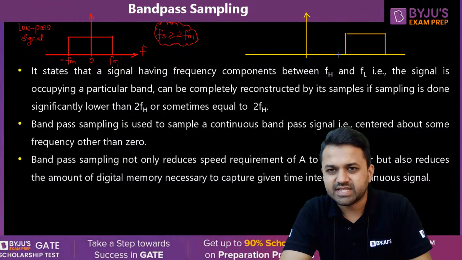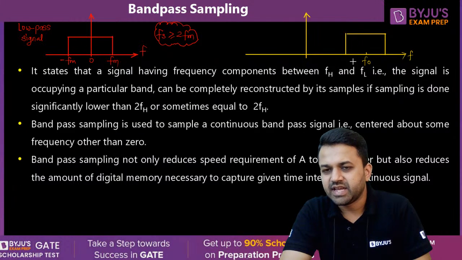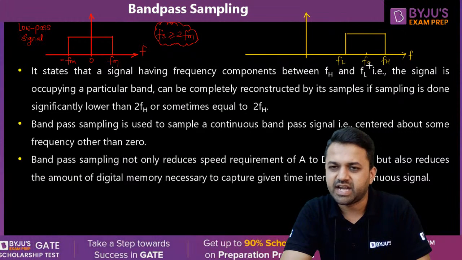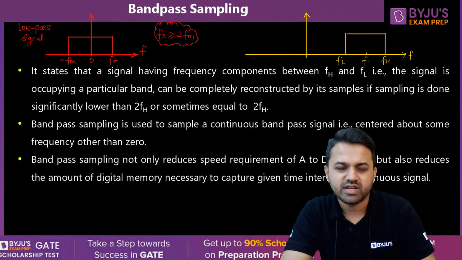Okay, when the signal is centered other than 0, like it is centered at some frequency f naught, then we will have some lowest frequency and some highest frequency, and it is centered at f naught, or for simplicity you can write fc also, because most of the time we used to take fc.